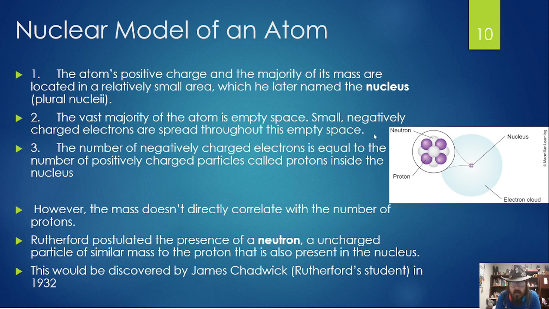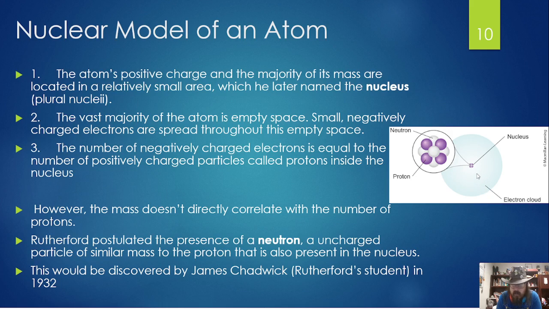Small negatively charged electrons are spread throughout this empty space, the electron cloud. The number of negatively charged electrons is equal to the number of positively charged particles called protons, which are inside the nucleus. So, the majority of those alpha particles pass through electron clouds without hitting the nucleus.